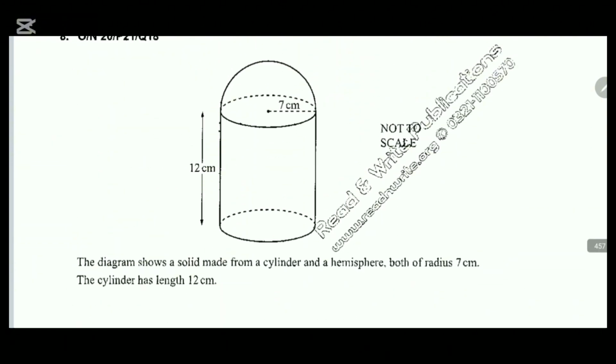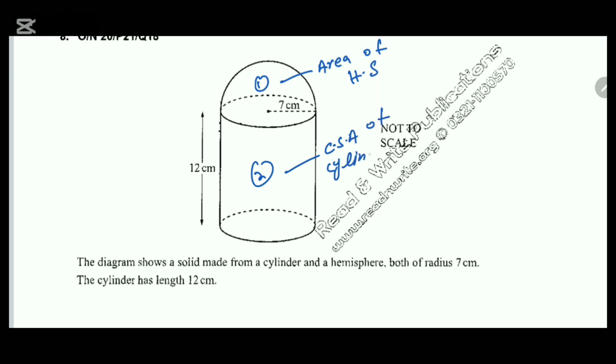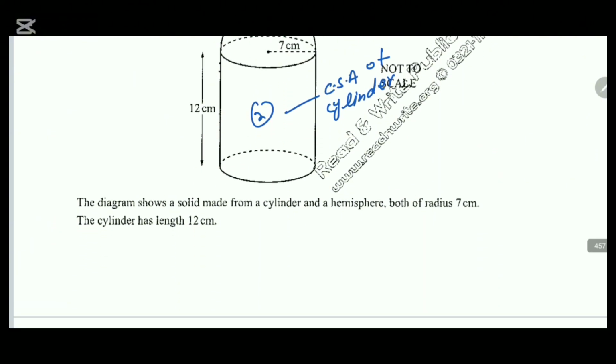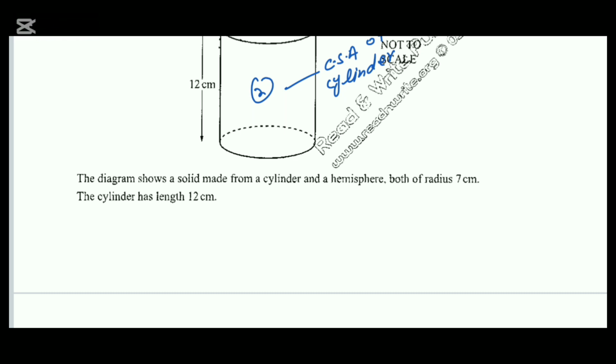For total surface area there are two surfaces: area of hemisphere and second is curved surface area of cylinder. We have done this type of question before. So base area, what is base?